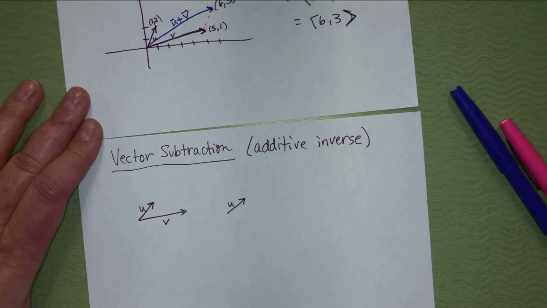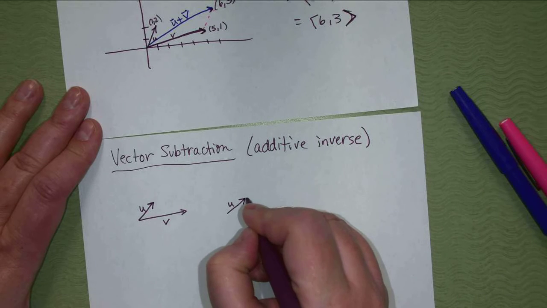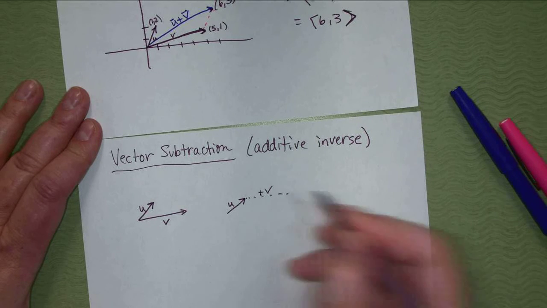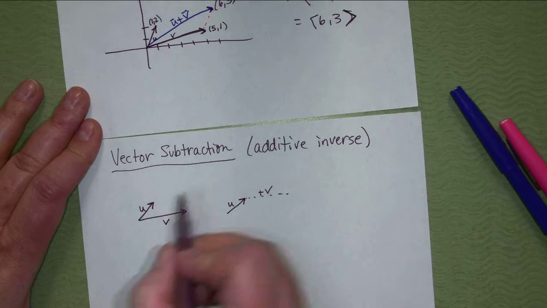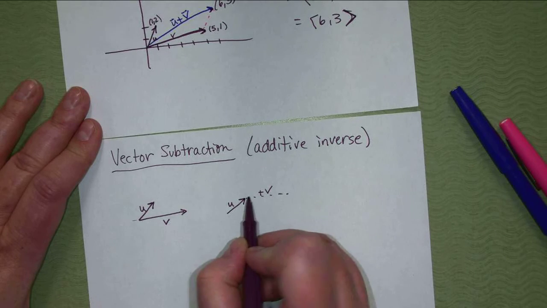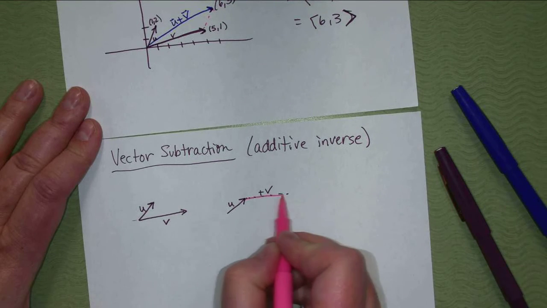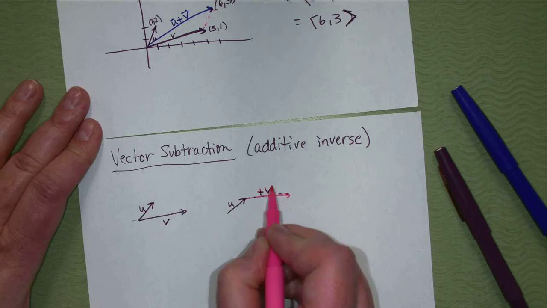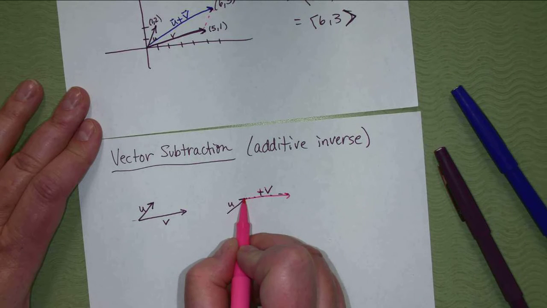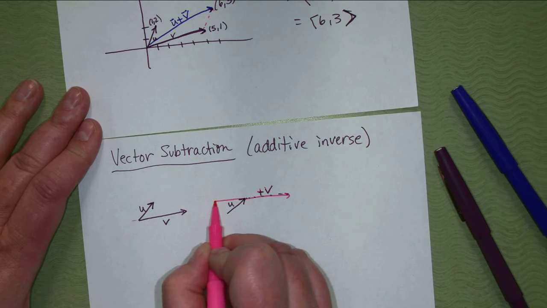So instead of going V, this would be adding V. That would be plus V. It's taking your V and putting it on the end. That would be adding V to U. If we want to subtract, we actually go in the opposite direction, this way.